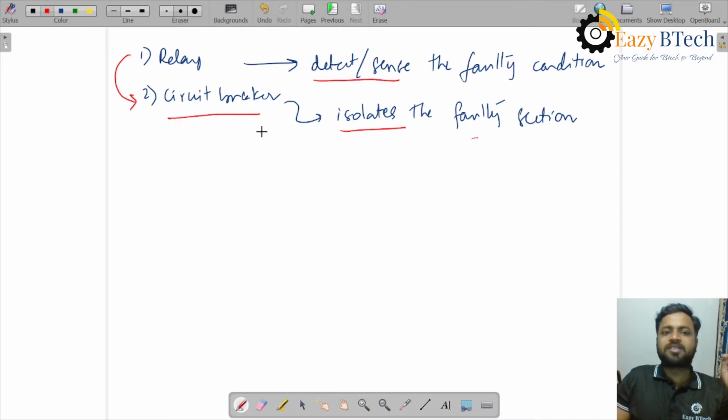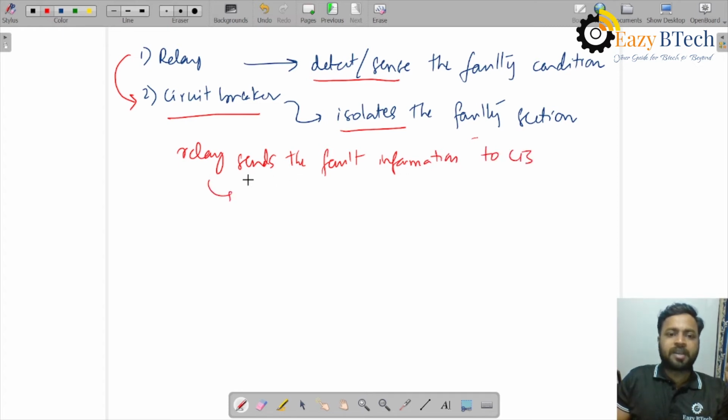So the circuit breaker's operation is initiated by the relay. The relay sends the fault information to the CB, or in other words, the relay initiates the CB, the circuit breaker, to operate.